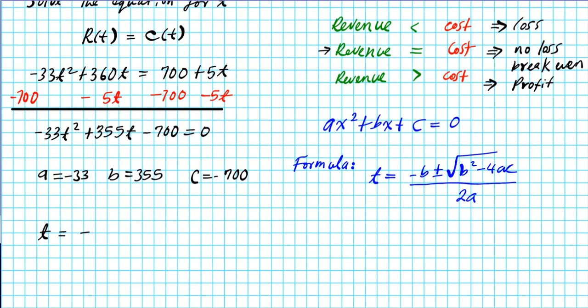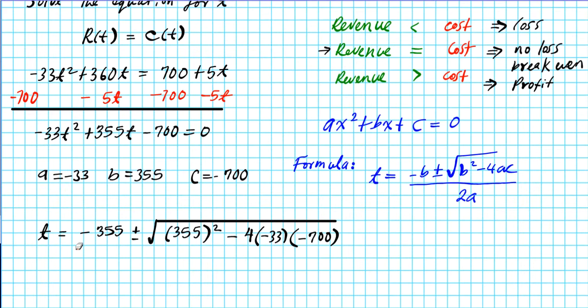So we have negative b, negative 355, plus or minus the square root of b squared, 355 squared, minus 4ac, so 4a. Notice how I put it in parentheses, c. So putting negative numbers in the parentheses allows you to avoid making errors associated with signs, okay?